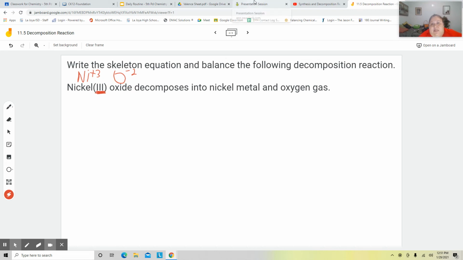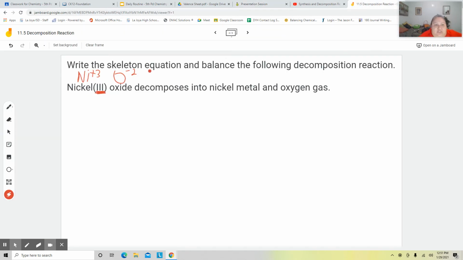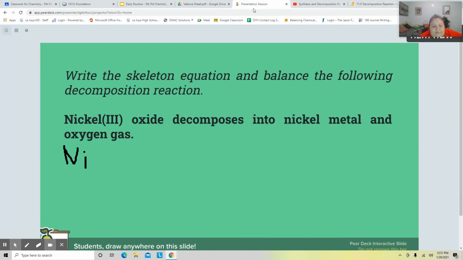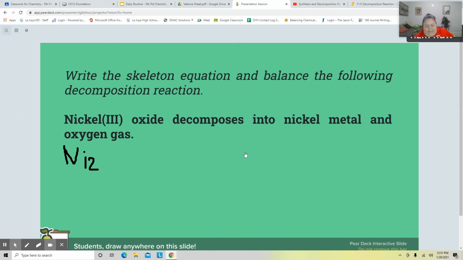What's going to be my formula? Remember, they switch. The 2 goes on the bottom of nickel and 3 goes on the bottom of oxygen. Can you switch them, please? Try your best. And don't worry about the handwriting.